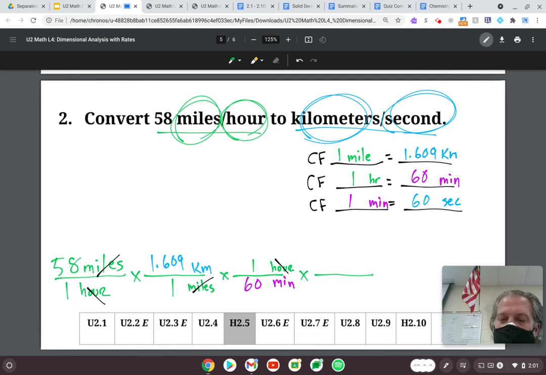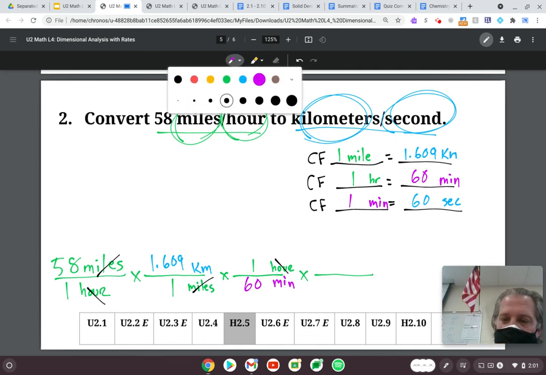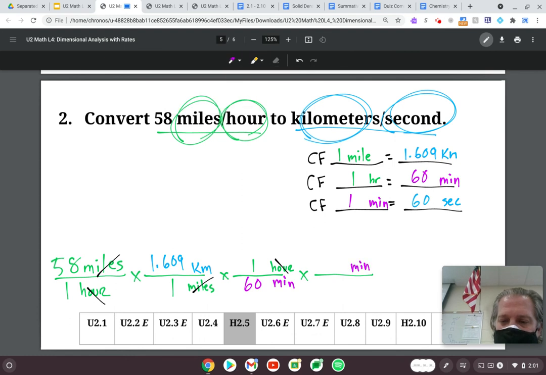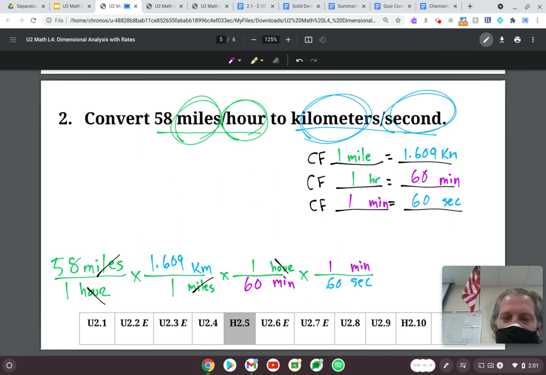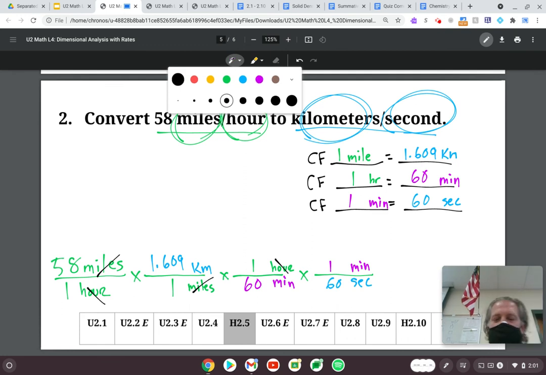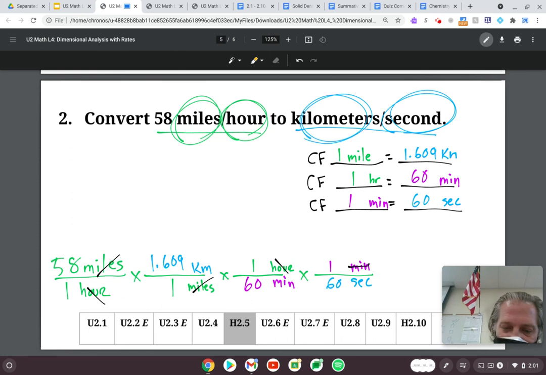Now I'm going to use my relationship where I want to get rid of minutes. So I'm going to put minutes on top and seconds on the bottom, and we know that 60 seconds is equal to 1 minute. Then I look and see if I can cancel anything out, and I see that minutes cancels out. So now I'm left with a unit of kilometers per second, which is what I want.